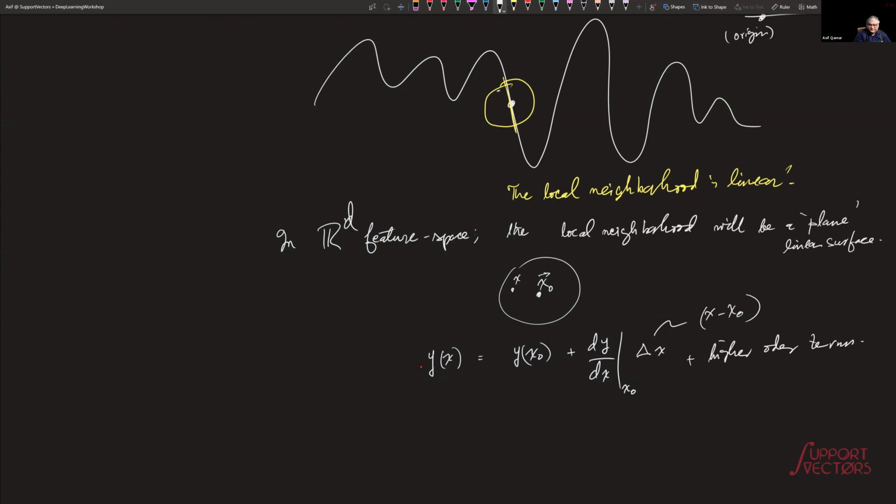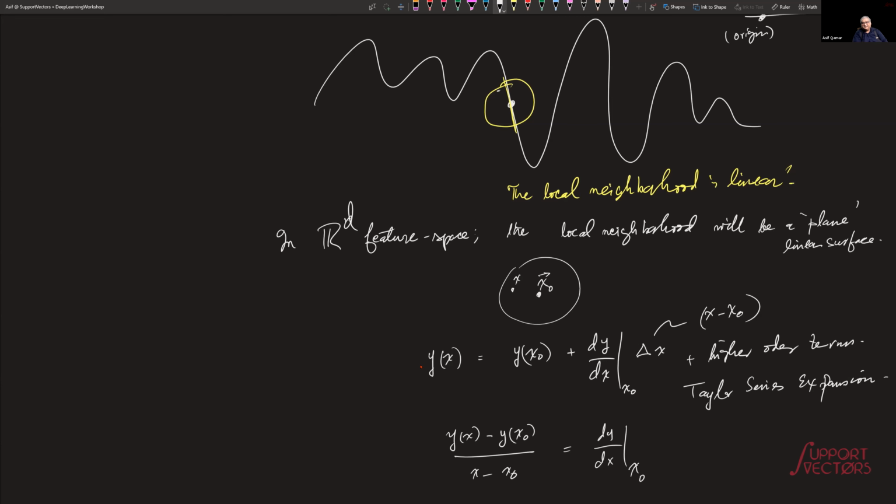By the way, this is called the Taylor series expansion. It's something that you must have learned and have perhaps forgotten. Now I can write this equation in a form that you'll remember much more: y of x minus y of x0, divided by x minus x0, is equal to dy/dx at x0.